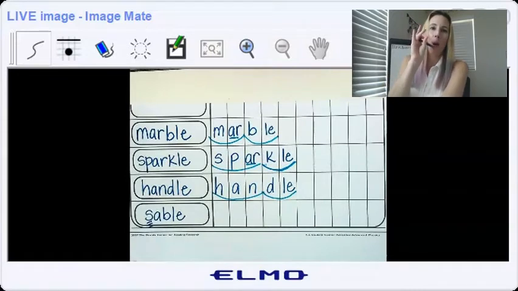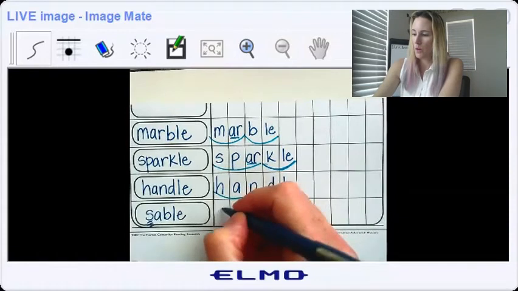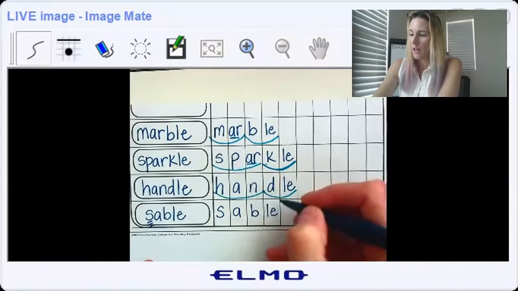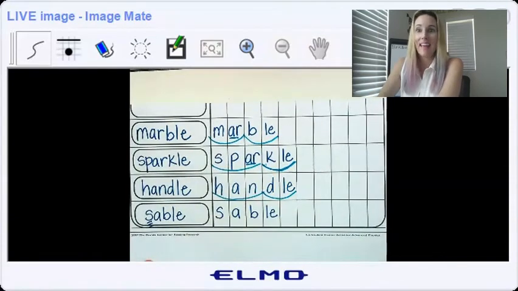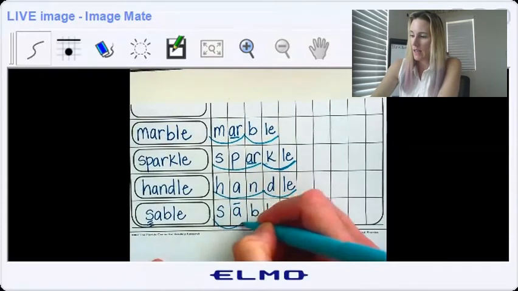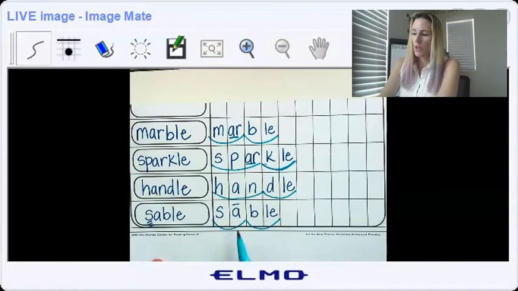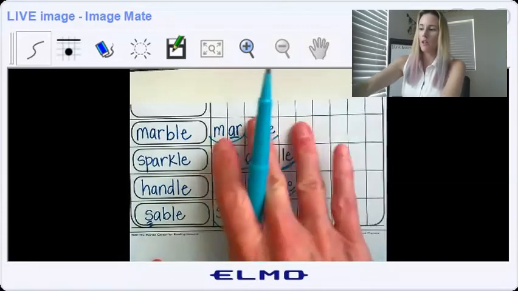S, A, B, L. Now, did you notice when we said Sable, this is the long A. Okay, so here we don't have a double B because if I had a double B, I'd need to pronounce it as sabble, and that's not the right word. Sable with two B's would mean that vowel should be a short vowel sound. And so without the double B, that tells me to make the long vowel sound.